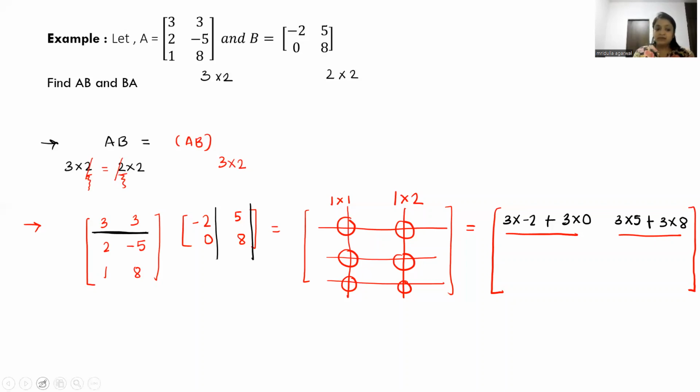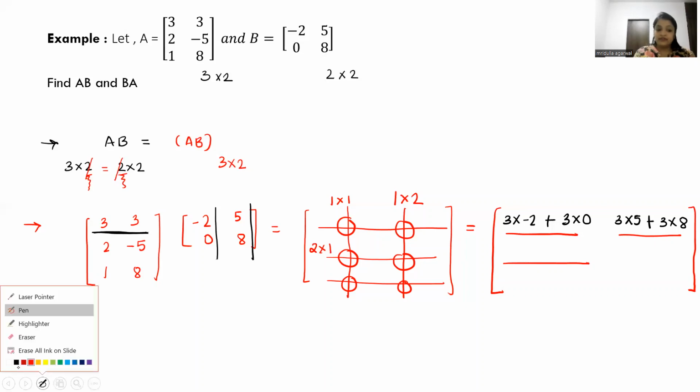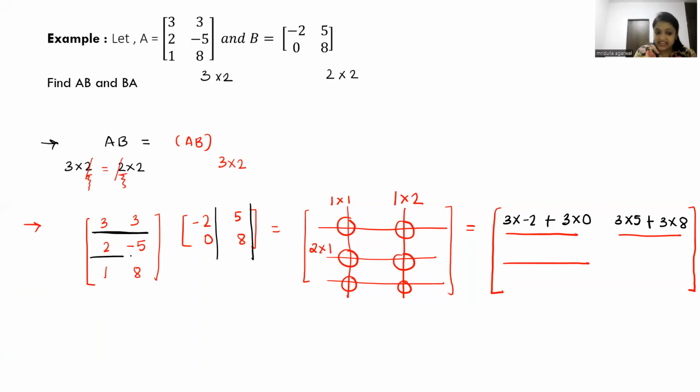Now the next entry is second row, first column. So it is 2 into -2 plus -5 into 0.